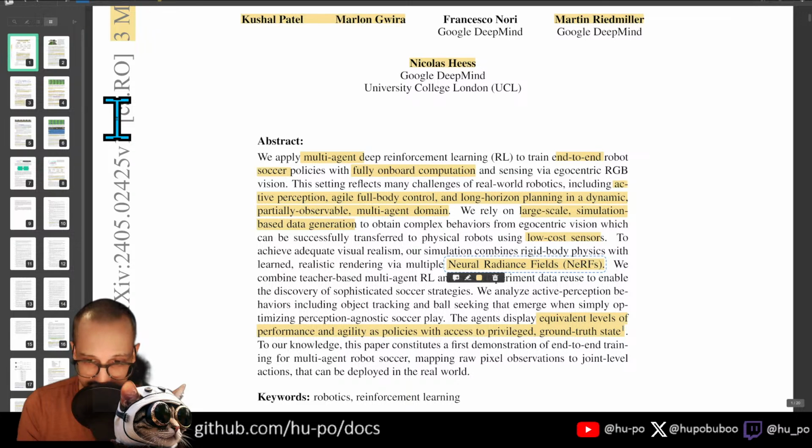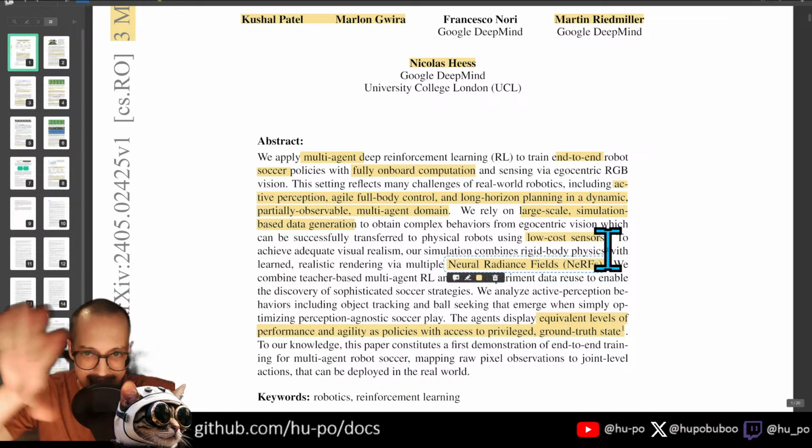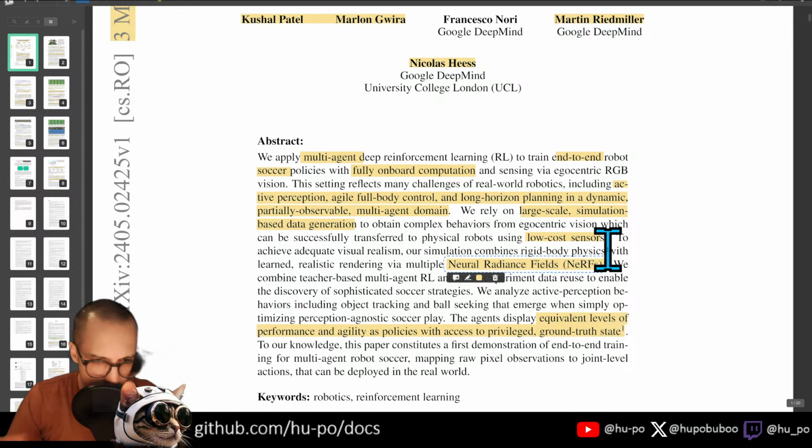But in this case, they combine classic simulation, which you could think of like a video game, right? You have rigid body physics, which means you have a little sphere, which is a mesh with a texture on it, bouncing around on a plane, which is also a mesh with a texture, and you have the goals, which are also meshes and textures. But then the background is going to be a NeRF, which is a cool little trick. I don't think it's even original; there are probably other robotics papers that have a NeRF as the background, but I thought it was cool, so props to them for including that.